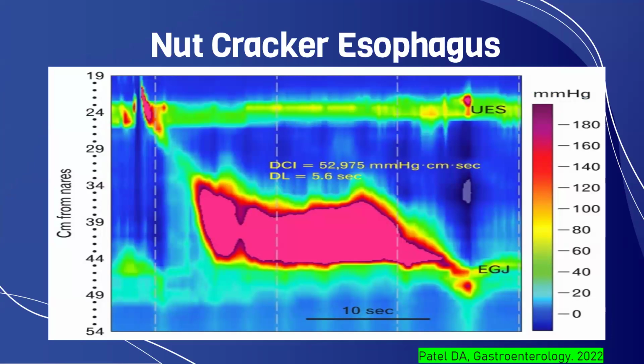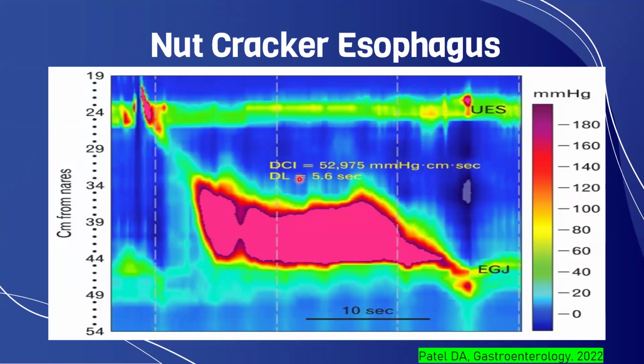Then we go into nutcracker esophagus, which was actually coined in conventional manometry for a novel disorder in patients with non-cardiac chest pain. According to the Chicago classification, nutcracker esophagus is categorized by a distal contractile integral of more than 8,000.